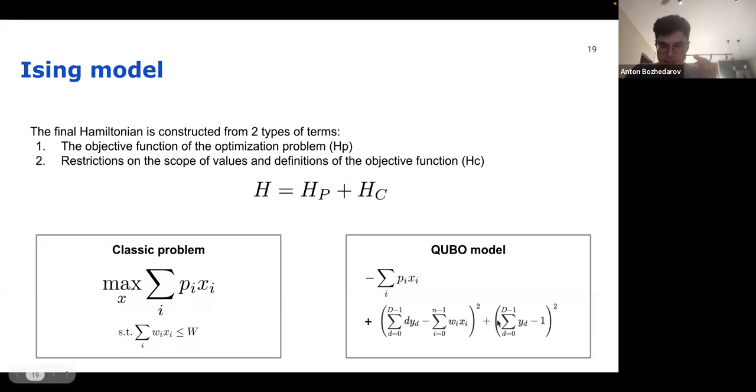And we have the last term in the constraints: exactly one solution should be found. So there is an additional constraint here that we apply. And when we find the minimum energy of this function, we will find the solution to the problem that corresponds to the bin packing problem.